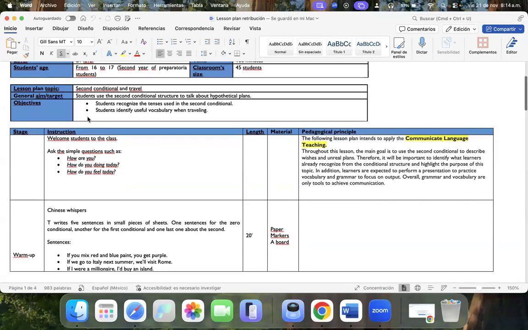And for this lesson plan, I follow a communicative language teaching, a CLT approach, because these students already have previous experience with the language, so they tend to want to use it because they don't use the language outside the classroom.